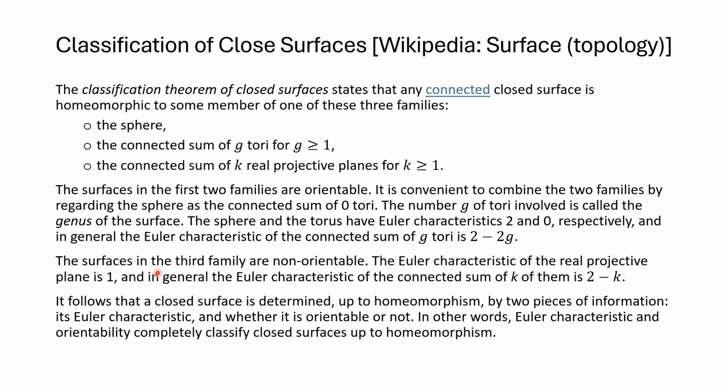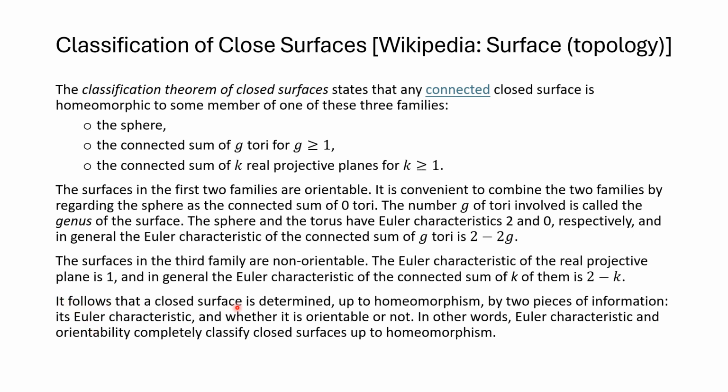Then the surfaces in the third family, as we know, are non-orientable. The Euler characteristic of the real projective plane is 1, and in general the Euler characteristic of the connected sum of k projective planes is 2 minus k. And remember, instead of saying genus, we used the term non-orientable genus, and that was the number of cross caps in this case.